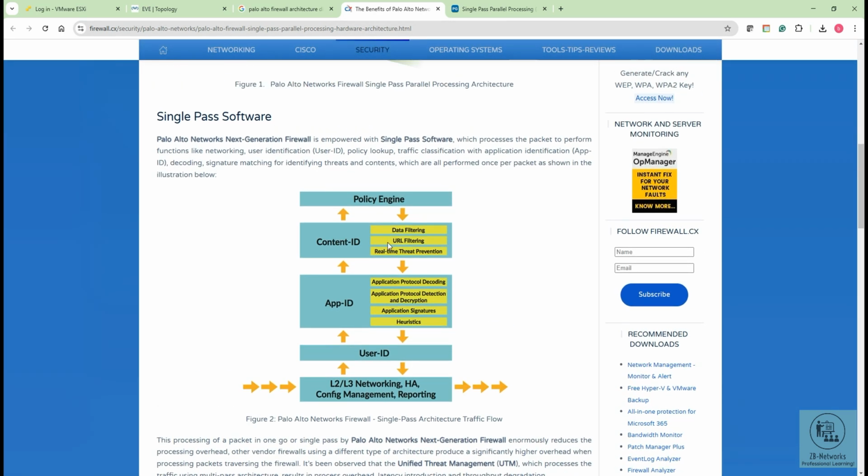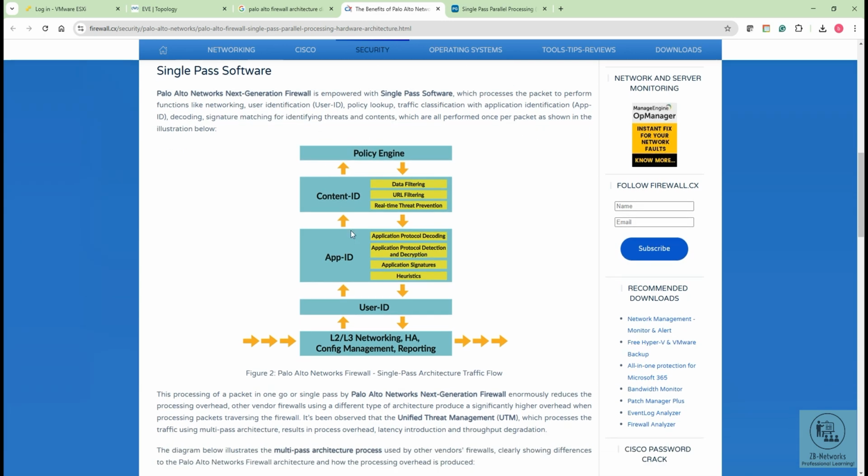Because of the single pass parallel processing architecture, the Palo Alto Next Gen Firewall is empowered with single pass software which processes the packet to perform functions like networking, user ID, policy lookup, and traffic classification with App-ID. It can do decoding and signature matching for identifying threats and contents, which are all performed once per packet as shown in the illustration below, right?